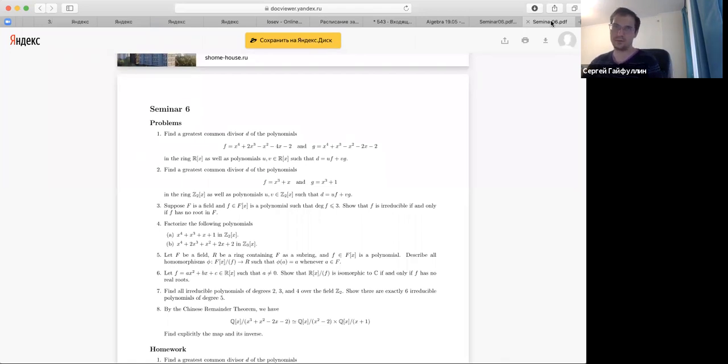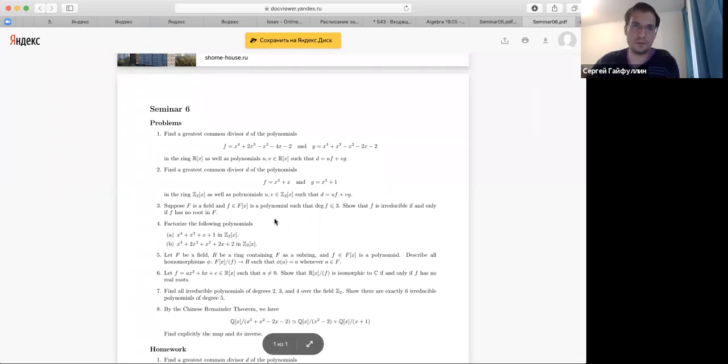We need to show that F is irreducible if and only if F has no root. It seems that it's a very easy task. Maybe we should not write something.